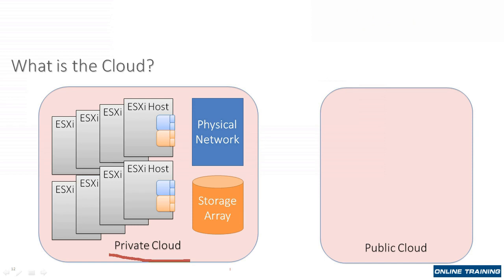Now, if I decide to, I can also utilize the public cloud. And I like to think of the public cloud as like a utility company. If you're building a new house, you can just call the power company and get your power turned on. You don't have to put generators in your basement or solar all over the roof.